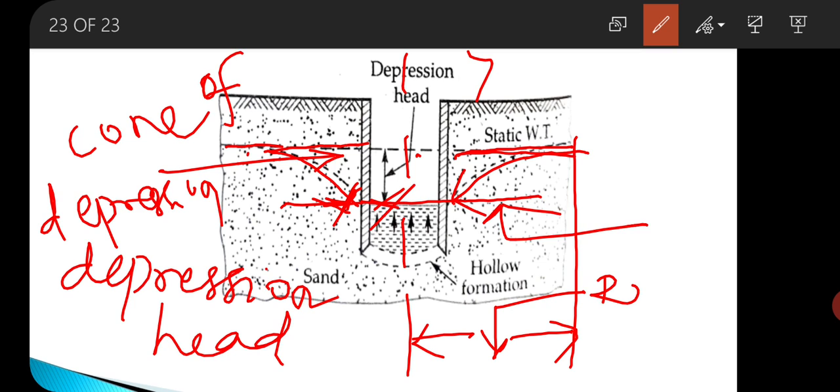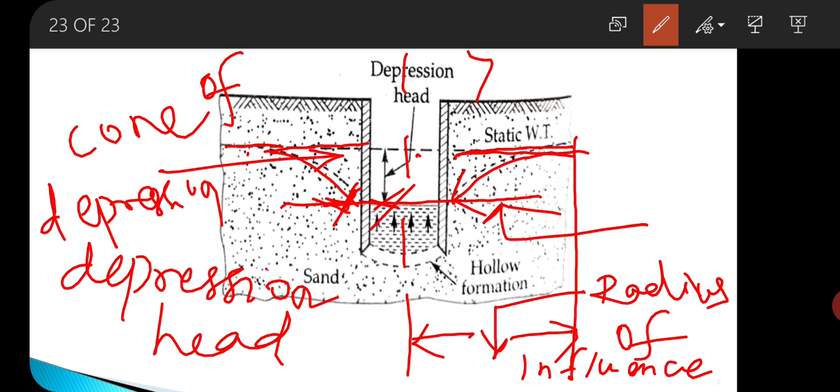This is known as your radius of influence. Okay, this is called radius of influence of the well. So this is all about your cavity formation in open well.